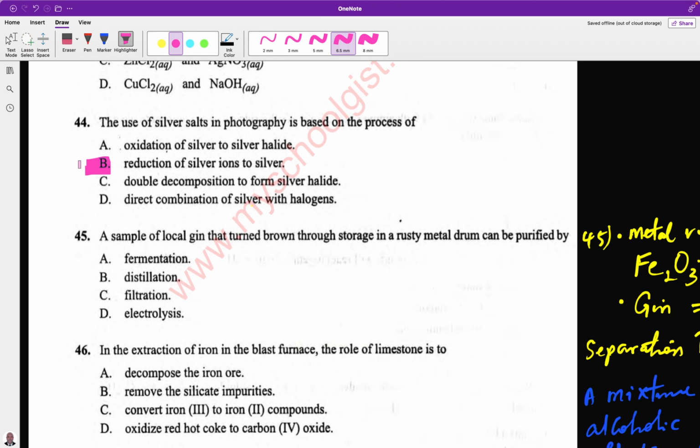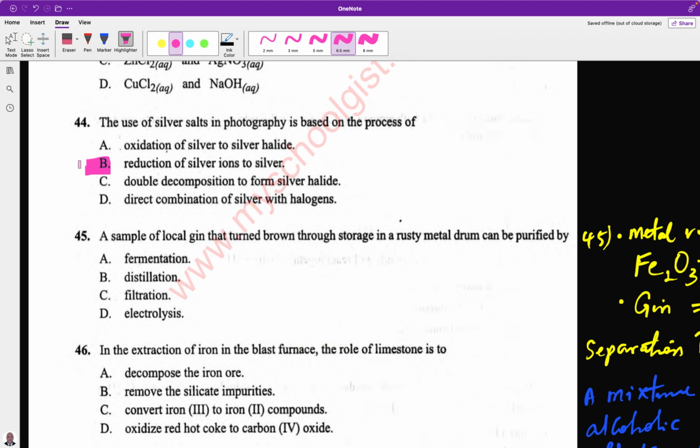In this case, a sample of a local gin that turned brown through storage in a rusty metal drum can be purified by about 4 different methods given here.